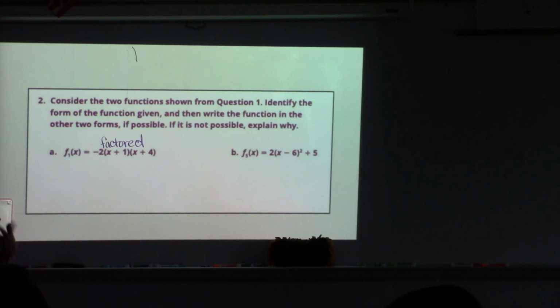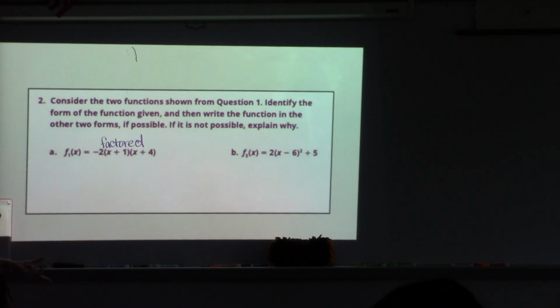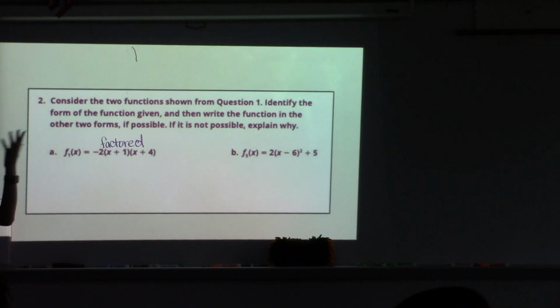So let's say if we wanted to convert first to standard form, do you guys have any ideas about how we could manipulate this equation to make it look like something else? Combine the terms. Well, before I can combine like terms, I have to do something first. Ooh, distribute.